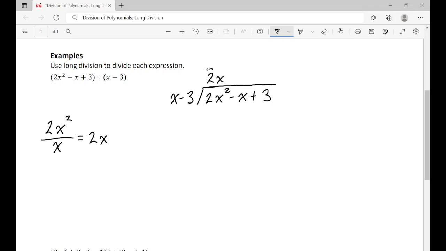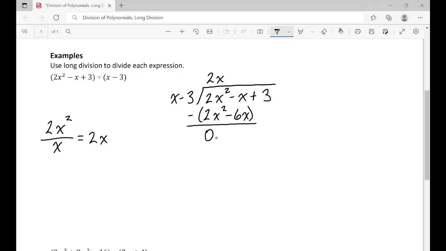Now we're going to take 2x and we're going to distribute to all the terms here in the divisor. So 2x times x is 2x squared. Then 2x times negative 3 is negative 6x. And now we're going to subtract, but we're going to make sure to put this in parentheses because it does matter. So 2x squared minus 2x squared is just 0, and it should always be 0.